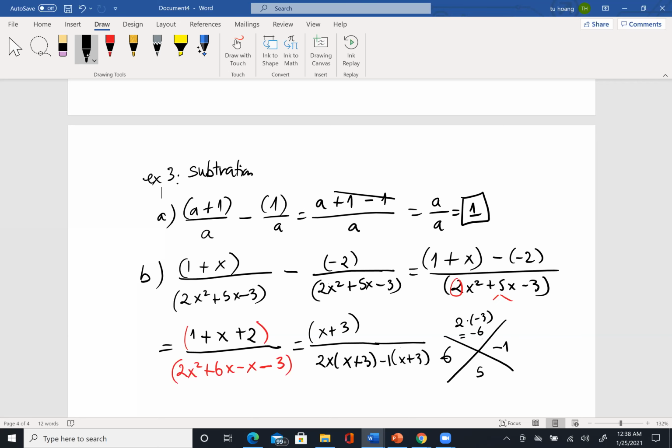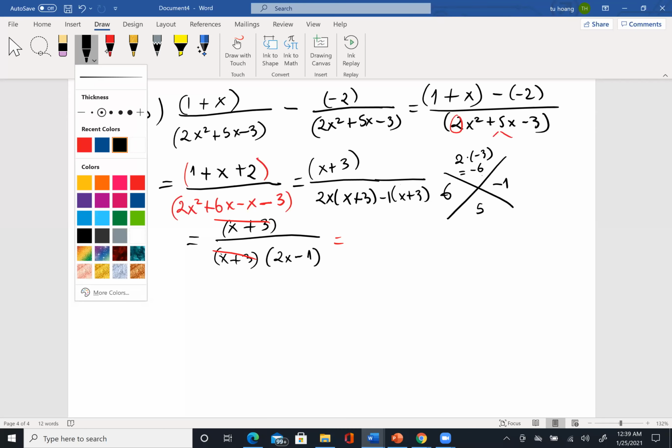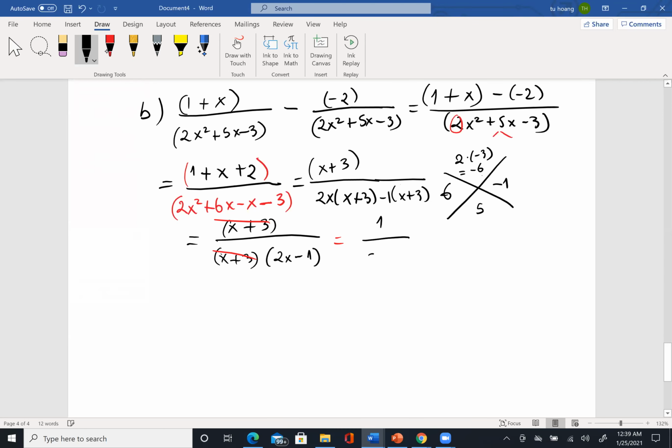And then you can factor out the x plus 3 at the bottom, multiplied by 2x minus 1. And finally, you can cancel the same factor and have the answer as 1 over 2x minus 1. That's the answer.